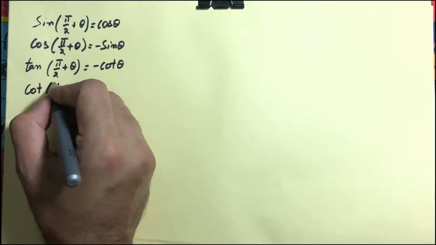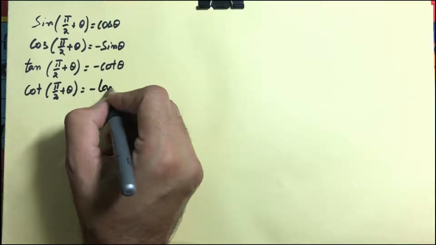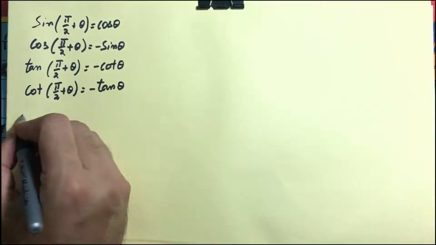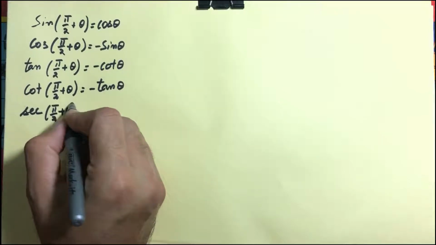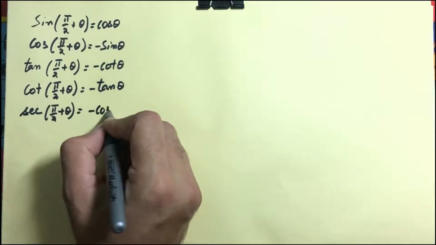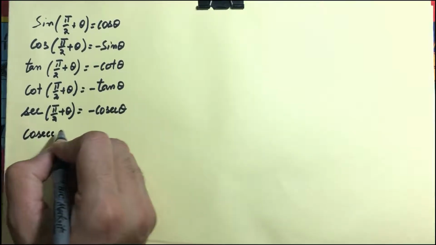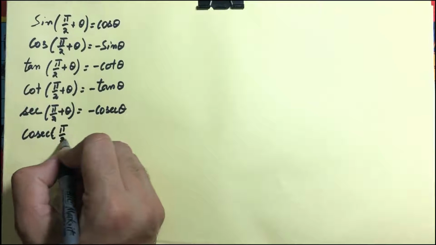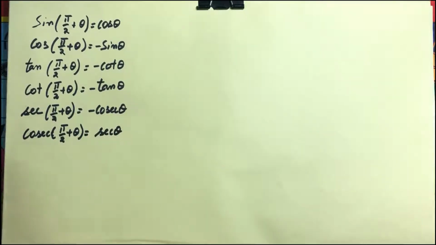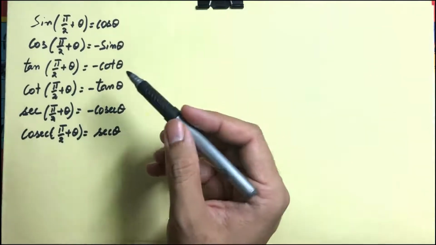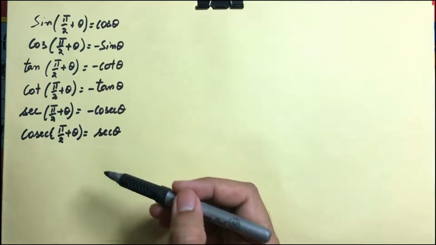Cot of pi by 2 plus theta is minus tan of theta. Secant of pi by 2 plus theta is minus cosecant of theta. Cosecant of pi by 2 plus theta is secant of theta.